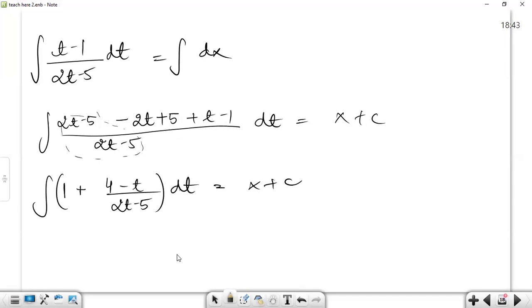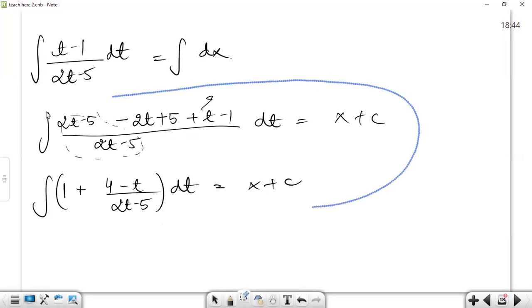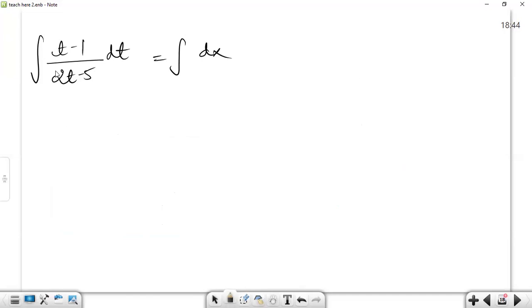Okay. But still we are not able to eliminate the t. Why? Let's try making this 2t. If this is 2t, then we will be able to eliminate the t from the numerator. So let's try it over again. How can we make it 2t? Multiplying by 2.